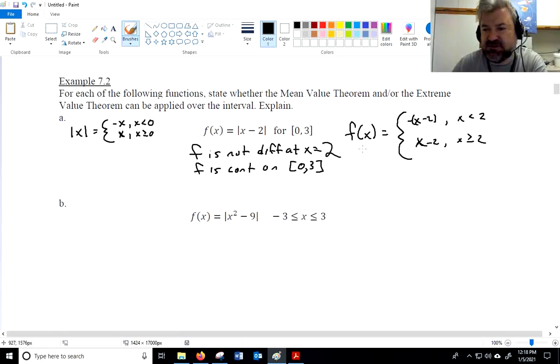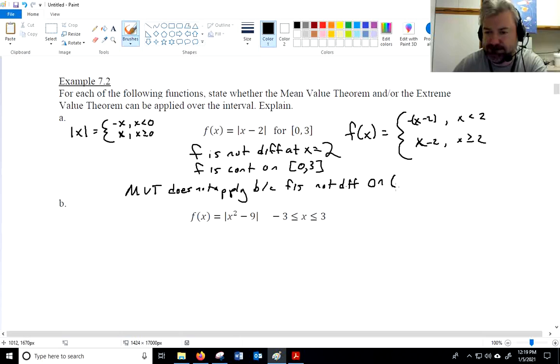So the requirements for the mean value theorem is that you must be both continuous and differentiable. You have to be continuous on the closed interval from 0 to 3 and differentiable on the open interval. So the mean value theorem does not apply, because f is not differentiable everywhere on the interval from 0 to 3.